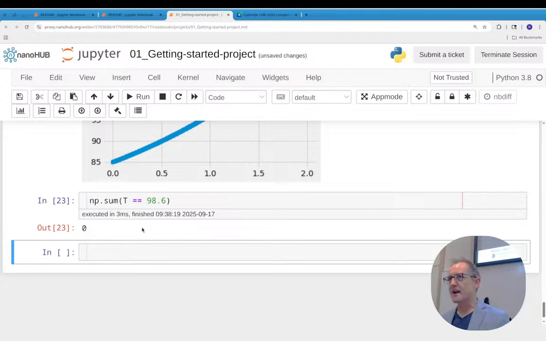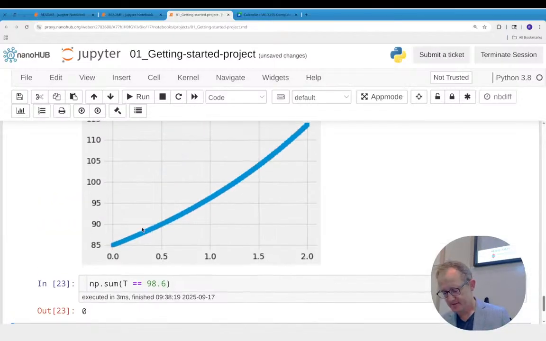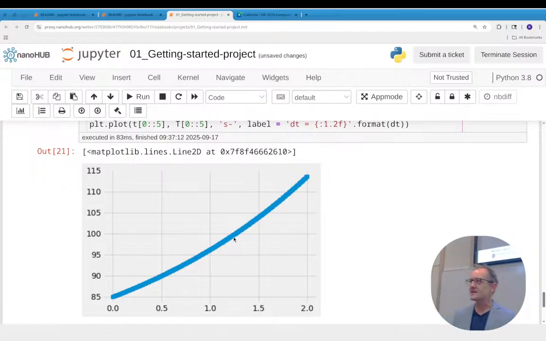It was never 98.6. Why not? How come? I mean, it looks like at some point it had to be 98.6, but how come it's not saying that it ever was?